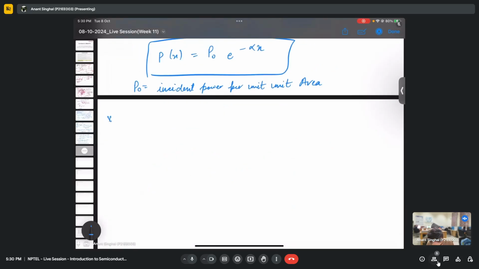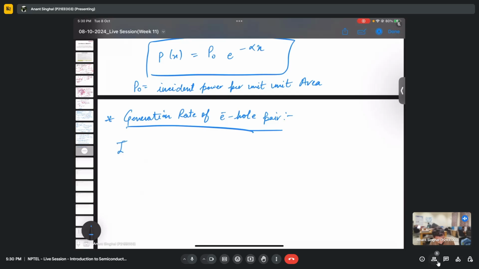The second thing is generation rate of electron hole pair. As I already explained, how this electron hole pair is generated due to energy greater than that of band gap.